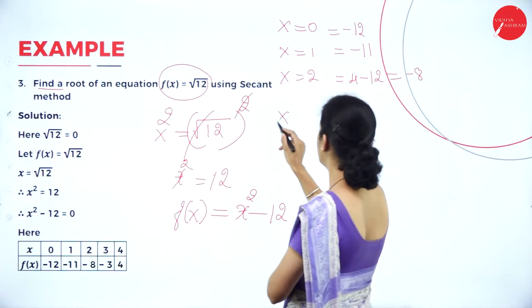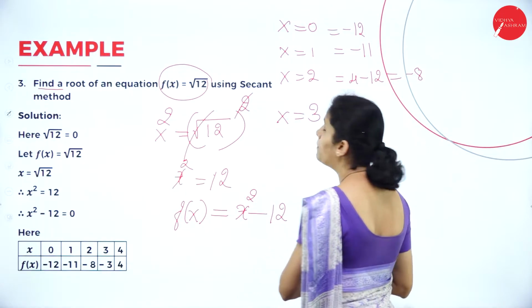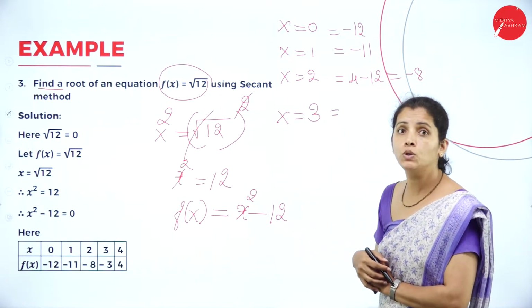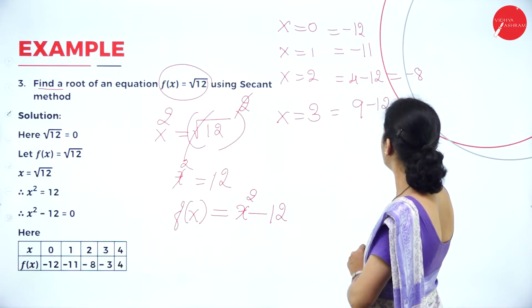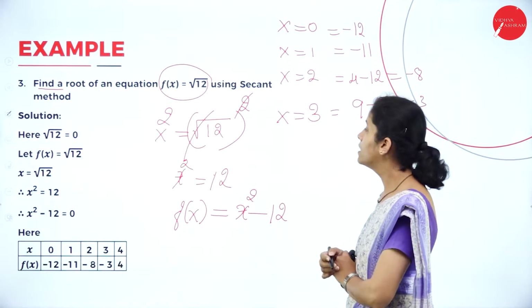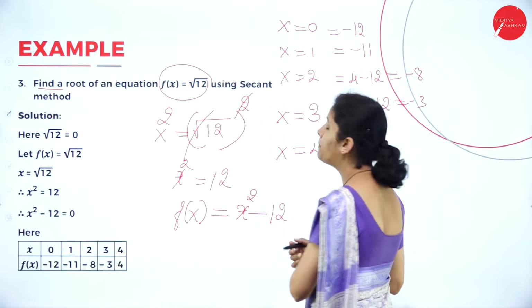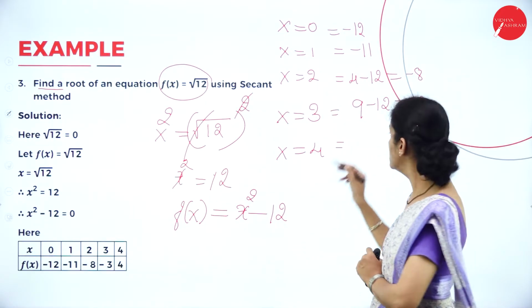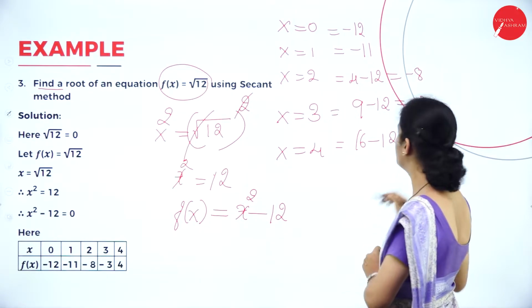When x equal to 3, 3 to the power 2, 3 into 3, 9 minus 12, it is minus 3. Now, x equal to 4. 4 to the power 2 is 16. 16 minus 12, it is 4.